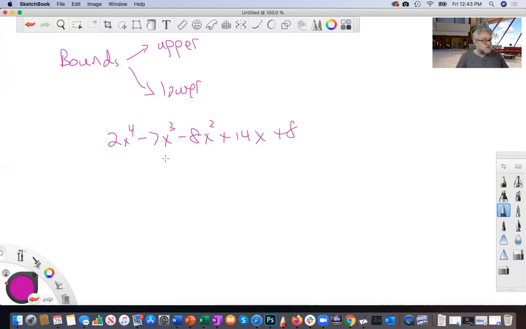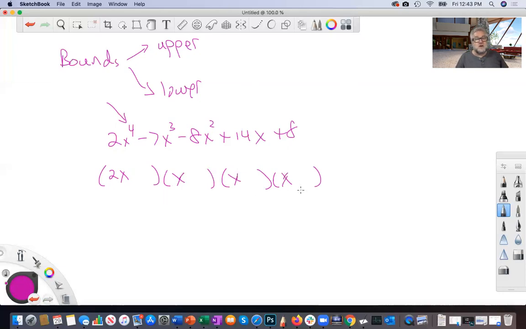And I want to know, geez, I got to find the factors for this. I don't know what it's going to be. I know there's going to be a 2x somewhere because of this. And then there's an x, x, x. I know there's 4 factors because it's x to the fourth. So there's going to be 4 roots, 4 zeros to the function.